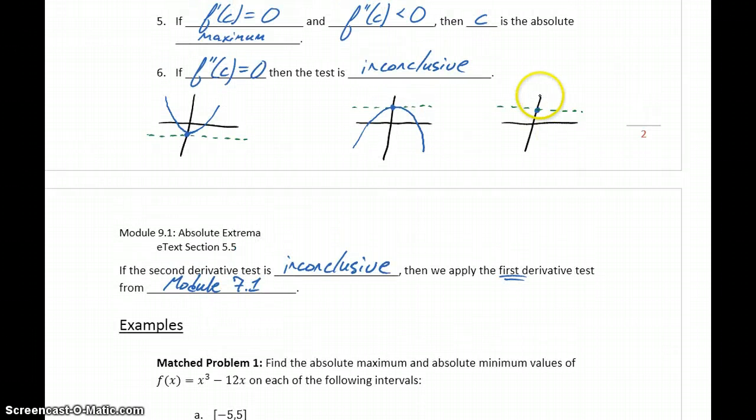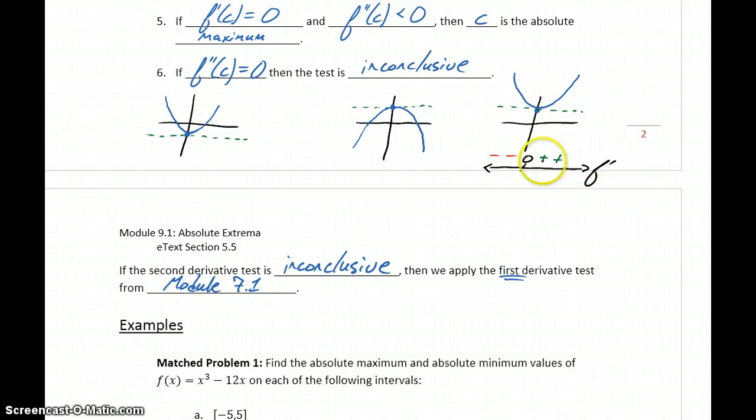When we have this last case to consider, we already know that we have a horizontal tangent line here, so we would go back to the first derivative, and we would again look at constructing a sign chart to say that we know on one side that's negative, on the other side it's positive, and that would tell us that our graph is decreasing and changes to increasing, so we'd have an absolute minimum.